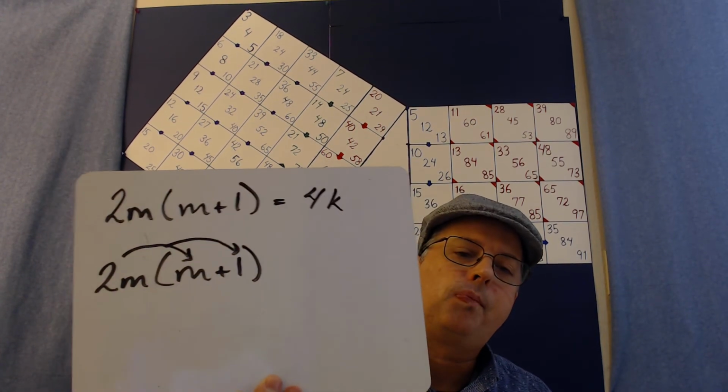Okay, and so now when we use the distributive property, you remember the distributive property, we can take that 2m and multiply it through the parentheses like this, and that will give us 2m times m plus 2m times 1.